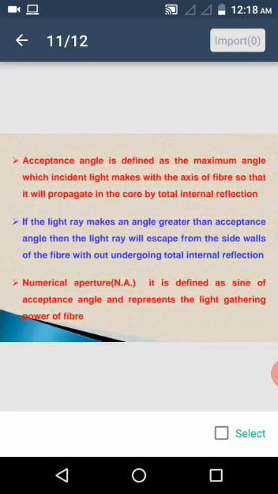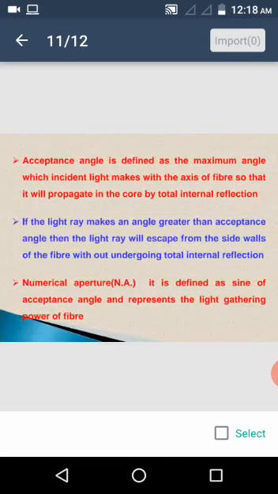Now, according to the definition of acceptance angle, it is defined as the maximum angle made by the incident ray with the axis of the optical fiber so that it undergoes total internal reflection after entering into the core.